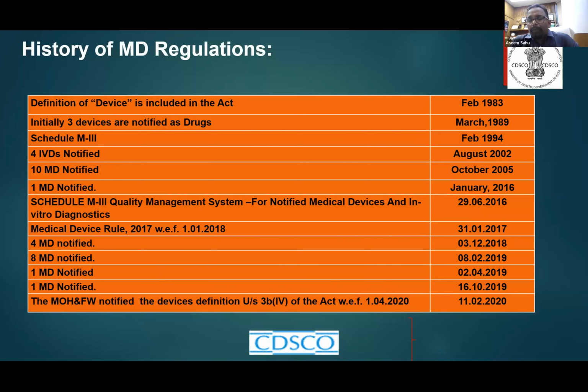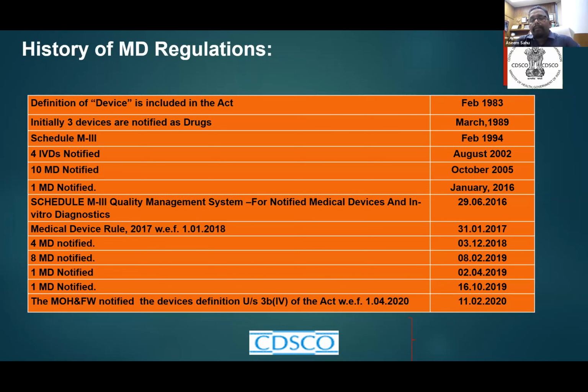Then the new rule, as we are already aware, was published in the year 2017 and effective from the 1st of January 2018. Thereafter, by that time we had notified certain medical devices. Then some 14 more categories of medical devices were notified for regulation.